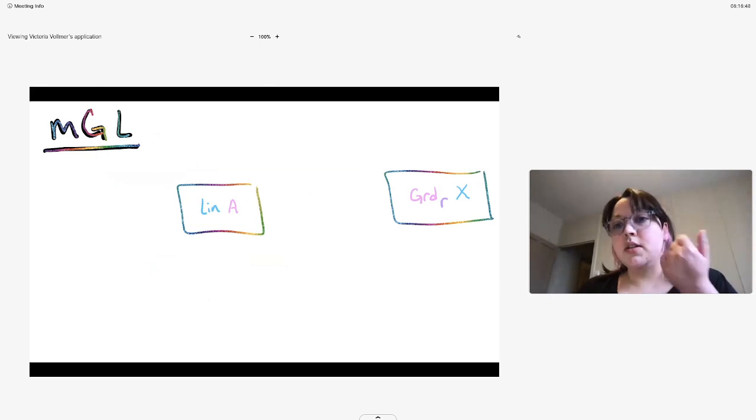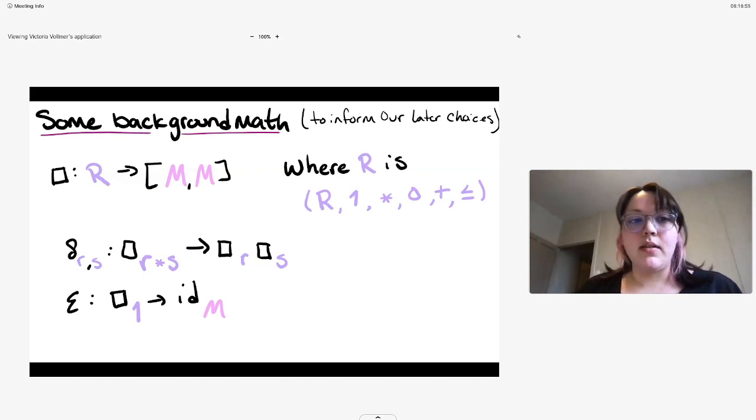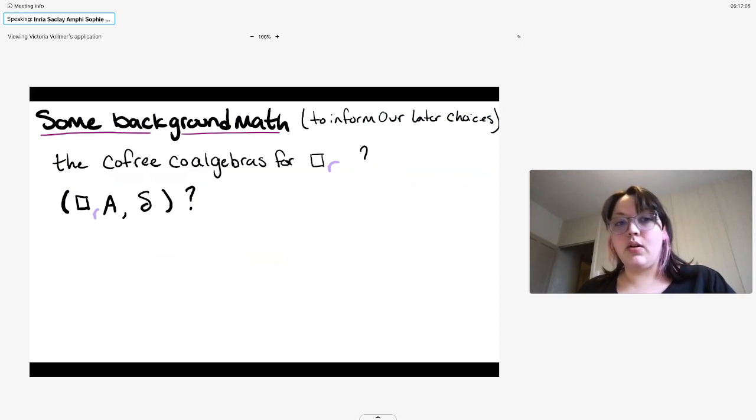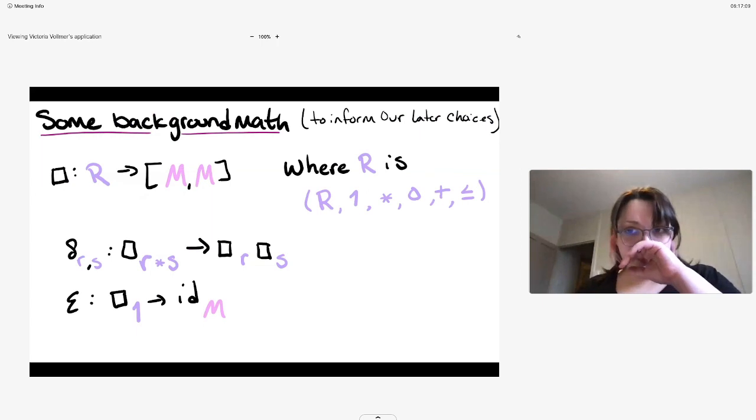So the first thing to do is to make sure that, when we build this comonad, all the types work out. So we need some background math. We're looking at the structure of the comonad. So we just take a regular box, and then we want to look at the free coalgebras, right? And this delta here is the important one.